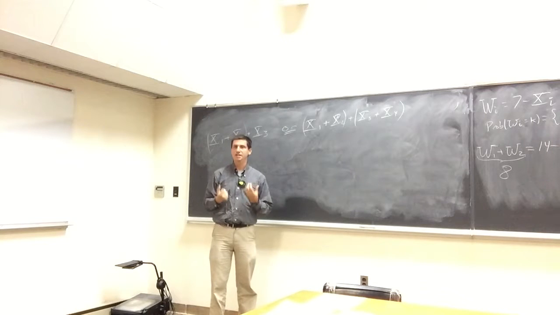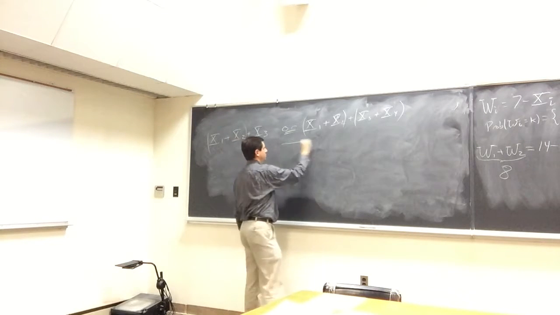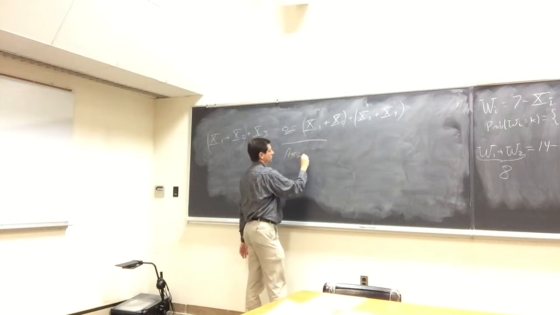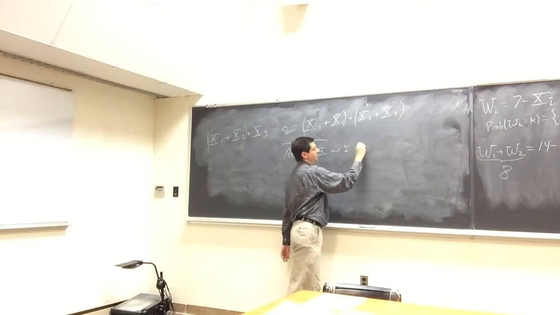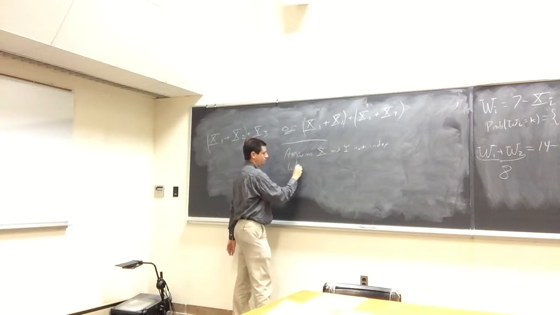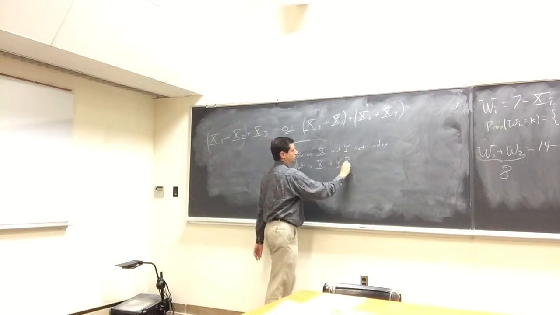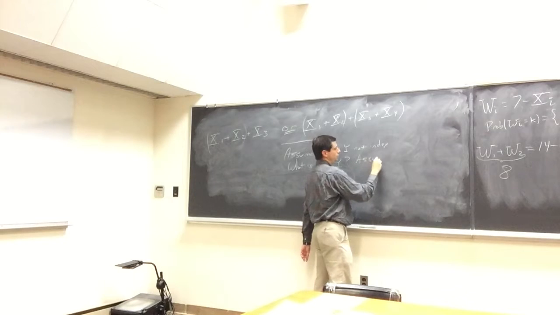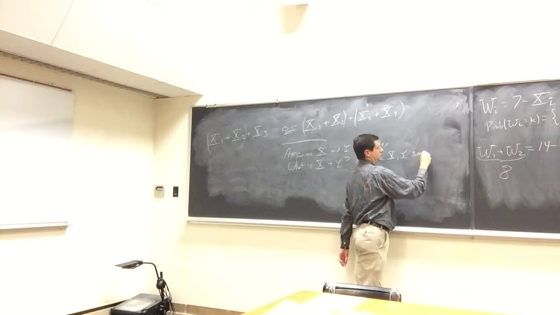Now, I've been using this word independent a lot. Well, what if the variables are not independent? Assume x and y are not independent. What is x plus y? If you want, assume x and y have the same density.